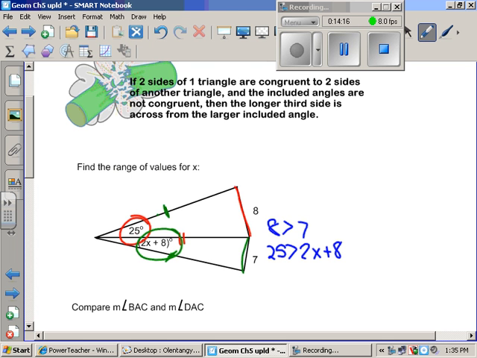To find the values that x could be, I just solve. I subtract 8 from both sides, so 17 has to be greater than 2x, divide by 2, x has to be less than 8.5. Okay?